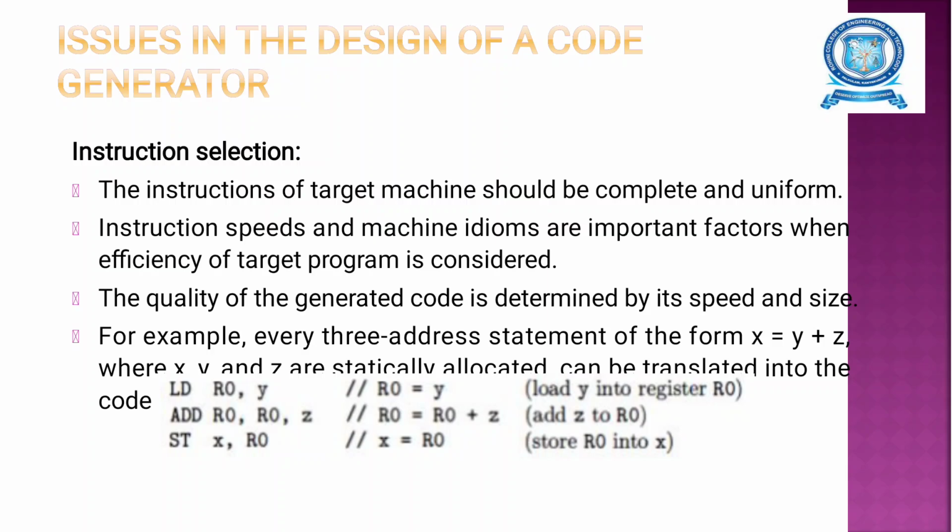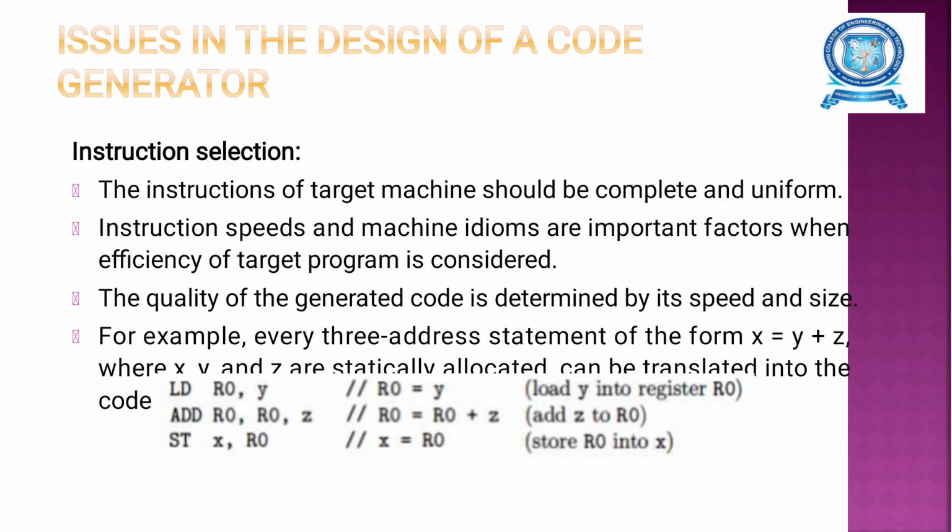Next, instruction selection. Proper instruction selection is very important to improve the quality of the target code. It must be complete and uniform. Instruction speeds and machine idioms are important factors when the efficiency of the target program is considered.